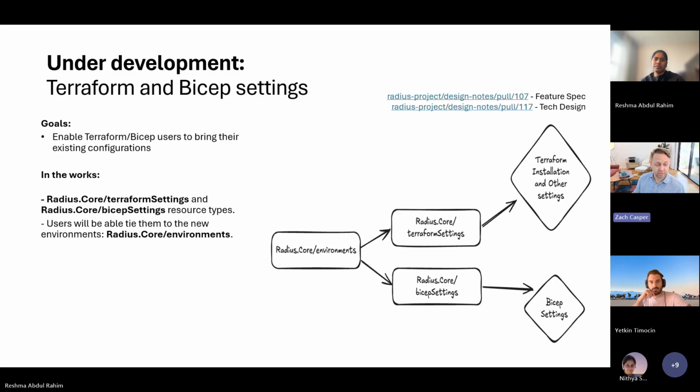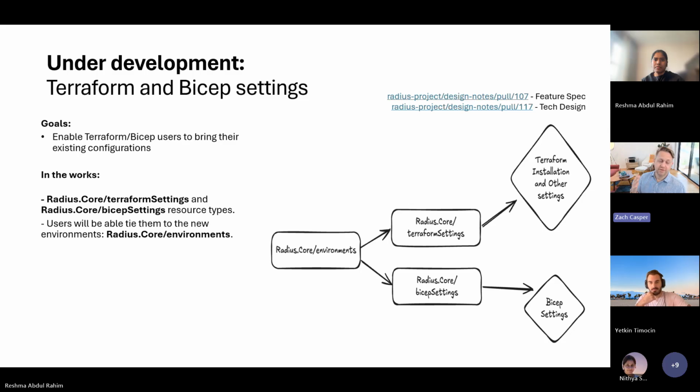That will instruct the control plane to go out to hashicorp.com, download the latest Terraform binary and install it. However, if you don't want the latest, or you don't want Radius to go out and retrieve that binary, you could specify your own Terraform binary.